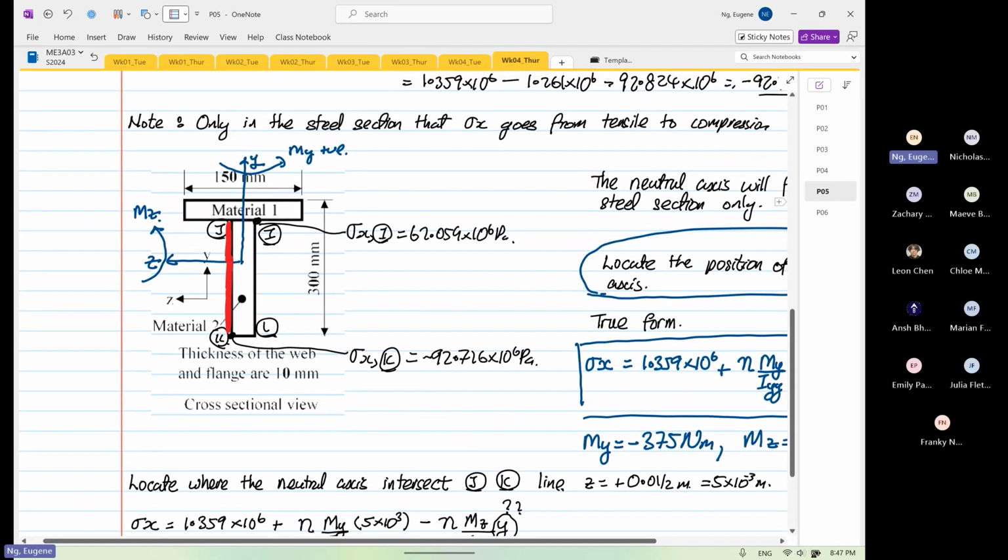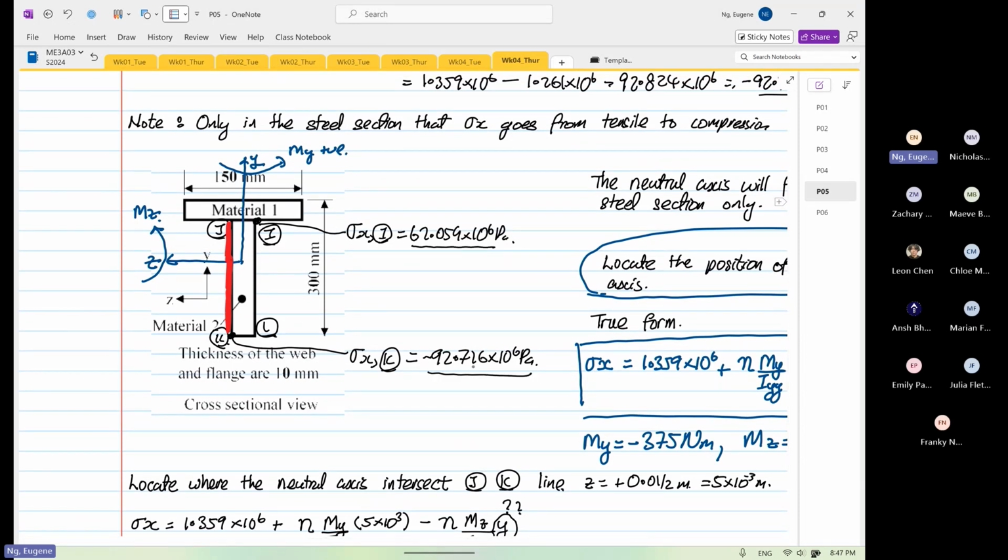If you look at here, this is 62.059, this is 92.729, right? So if I were to sketch this in proportion, this is point I, and this is point J, and at point I, this is 62, and 92 will be longer, right?